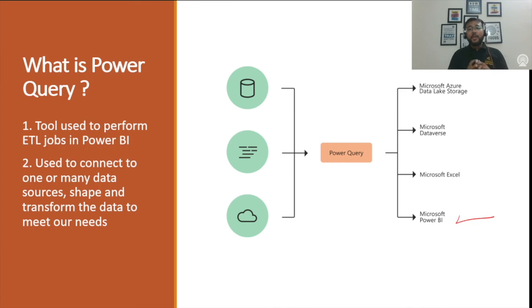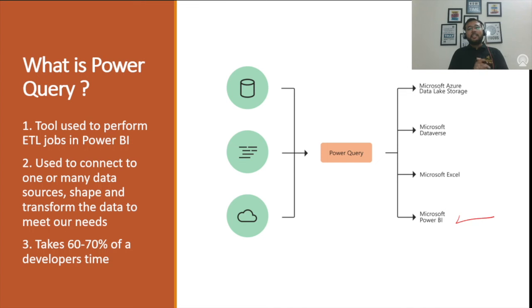Now, why Power Query is so important? Reason is, most of the times we get the unclean data, right? And whenever a data analyst or BI developer works on this data, so 60 to 70% of his time is spent on data cleaning, right? That is why Power Query is the most essential component of Power BI, right?